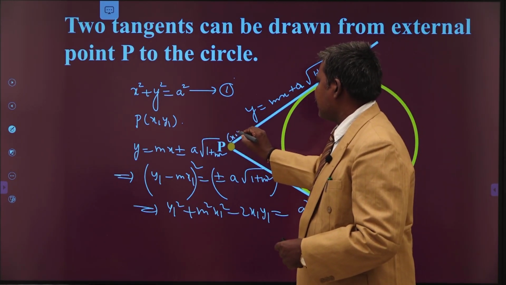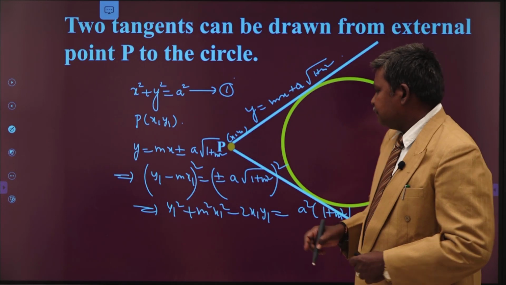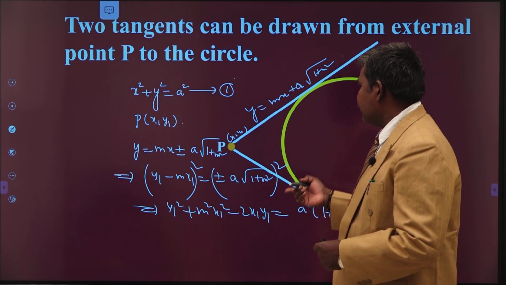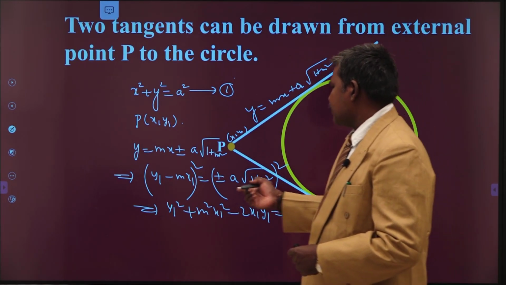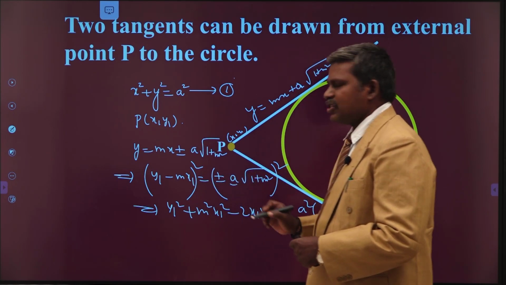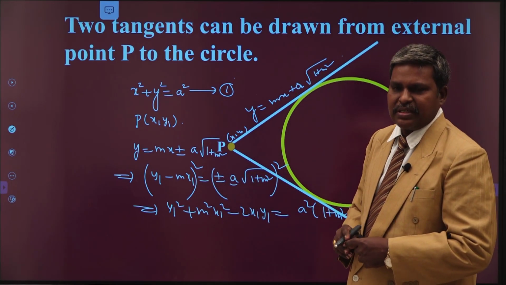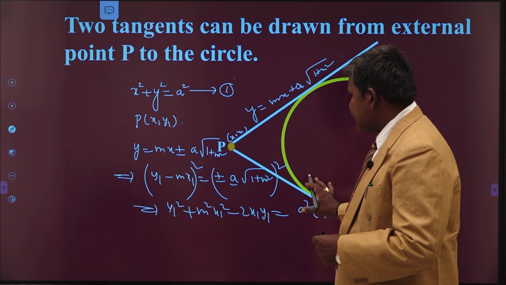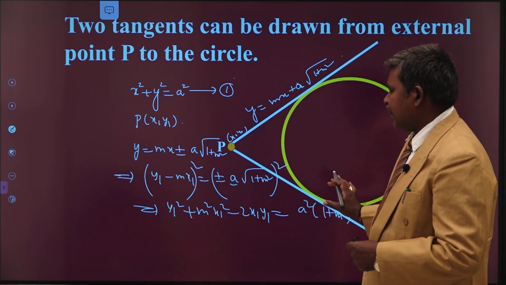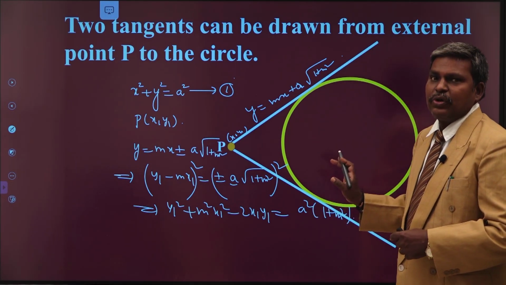This is my given fixed point, and m is the variable slope here. x1, y1 is fixed, and a is fixed also, because the radius is also fixed. That is why this equation is quadratic in terms of m only.